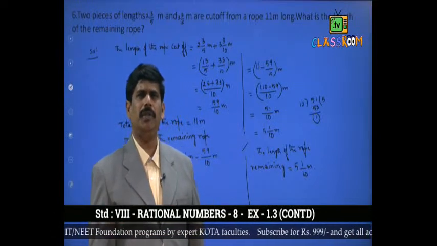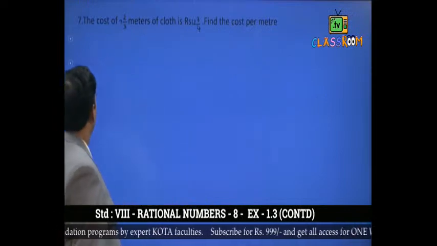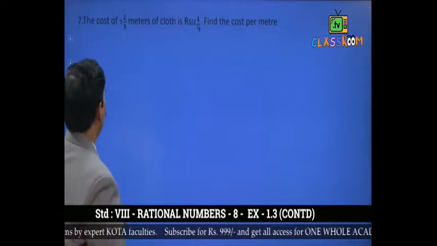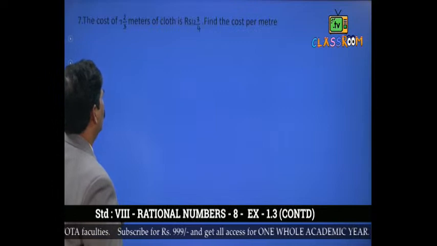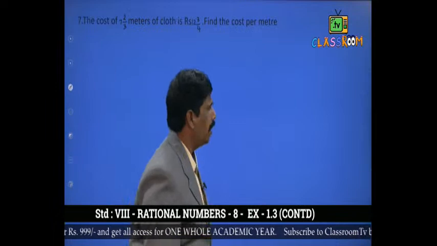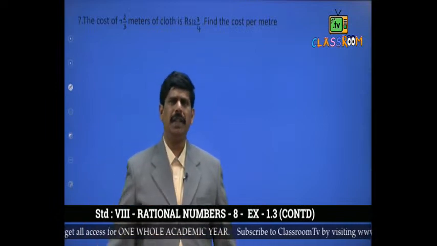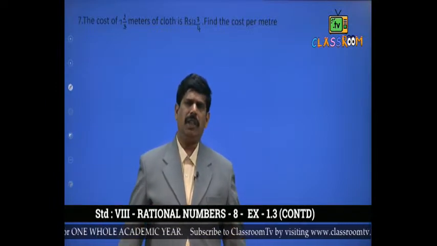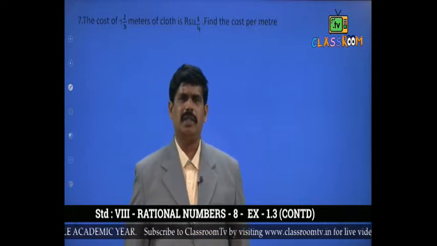Let us see the next problem, children. The cost of 7 2 by 3 meters of cloth is rupees 12 3 by 4. What is the cost per meter? So this is unitary method. Say suppose the cost of 5 pens is 10 rupees.